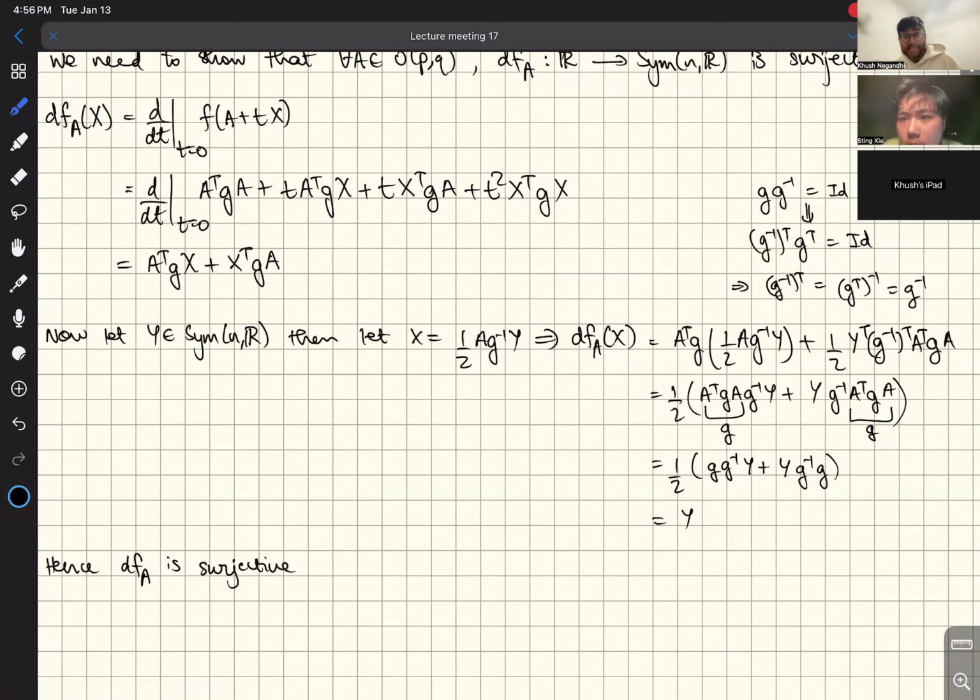What this means is that we've shown it's a regular value, which then means that all the orthogonal groups that we can have are manifolds.